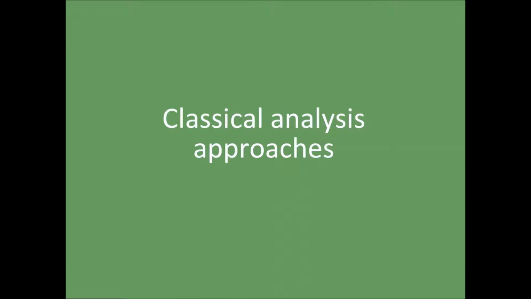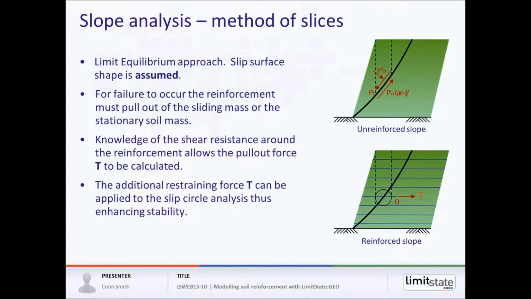Now, in terms of classical analytical approaches, we have limit equilibrium. In this case, we assume a slip surface. So if we're looking at the diagram on the top right, maybe a curved slip surface, and we might analyze that by method of slices, looking at equilibrium of slices.